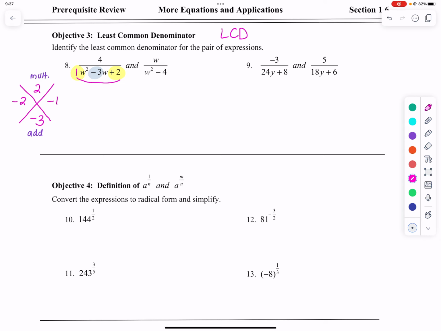Then, what we do after that is whatever this is written here, a 1w, and then we try to reduce it, and we have w minus 1 times w minus 2. And that's what number 8's denominator is.